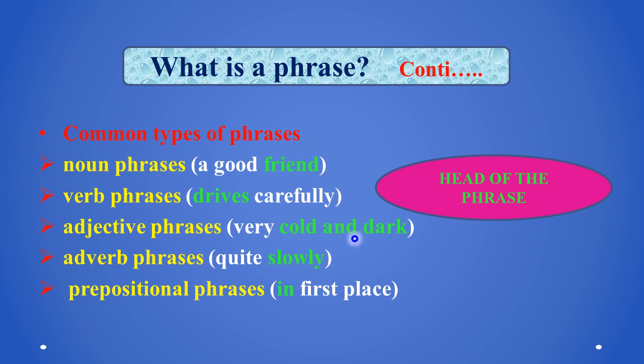Very cold: cold and dark are adjectives, so it is an adjective phrase. Slowly is an adverb, so quite slowly is an adverb phrase. In first place: in is a preposition, so it is a prepositional phrase. So you can say that on the basis of the head of the phrase, we decide its type.